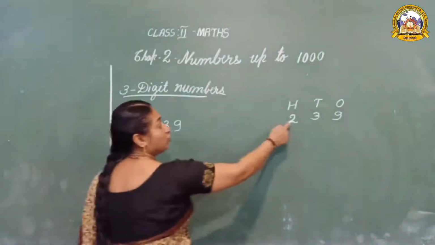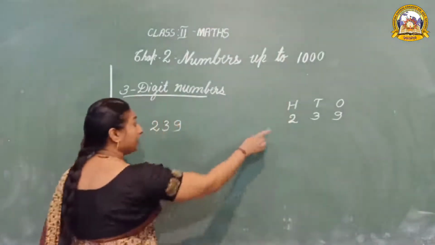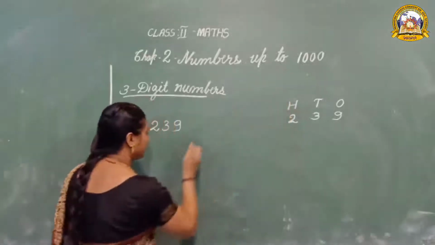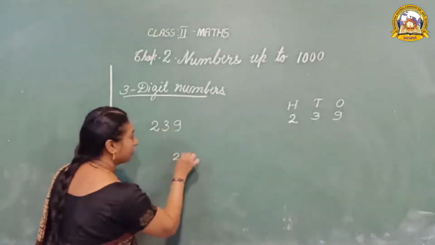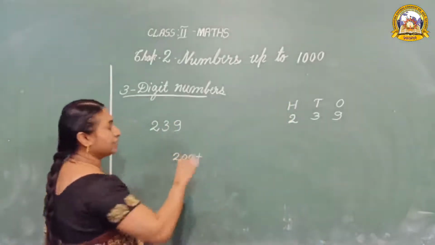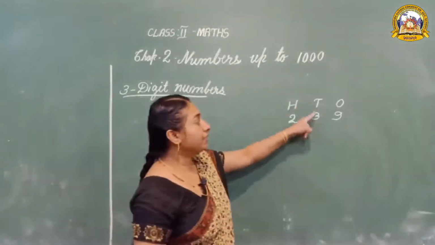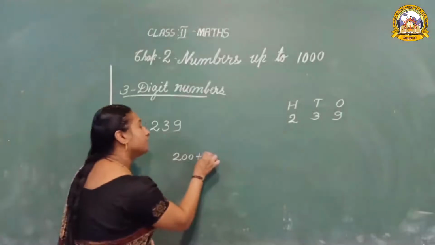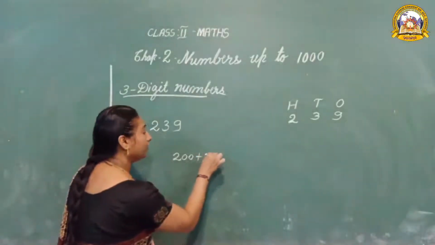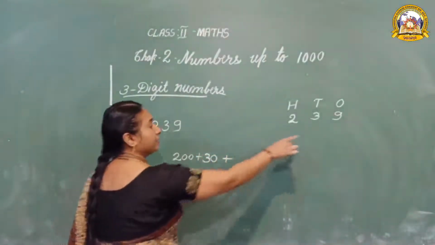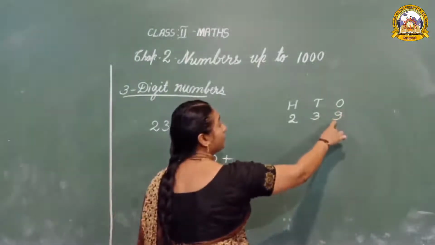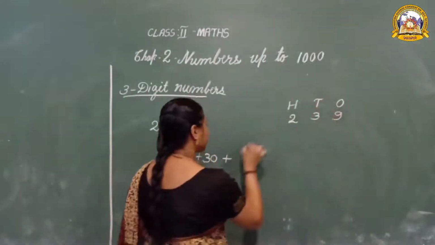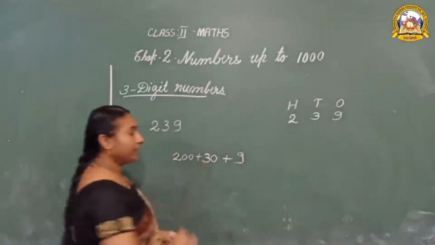Yes, 200. Say 200. Then plus, how many tens are there? 3 tens. 3 tens are 30. Next, how many ones are there? 9 ones are 9.